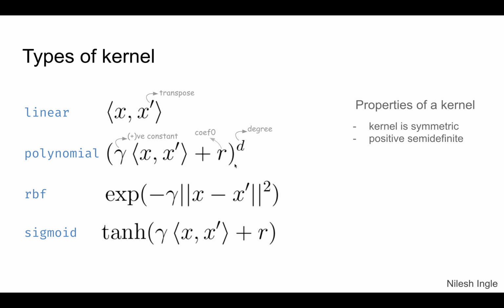And for polynomial, we have this degree that we can use. So you can use a second order, third order, fourth order polynomial based on how complicated the data is, and how much wiggle room you need to separate, classify those data points. And then we have the RBF that we saw, and we have the sigmoid.